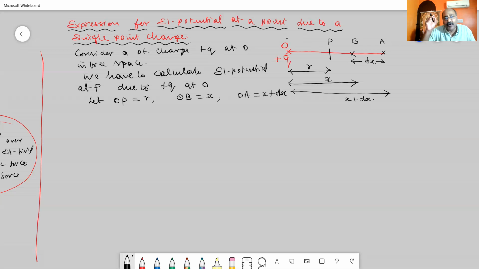First of all, I am going to write the electrical field at this point B due to this point charge.